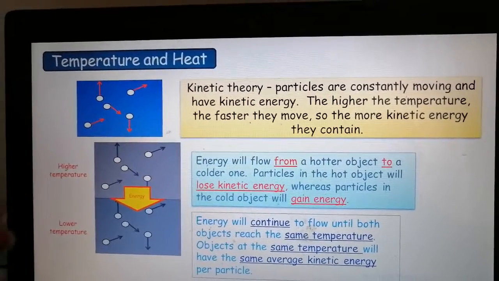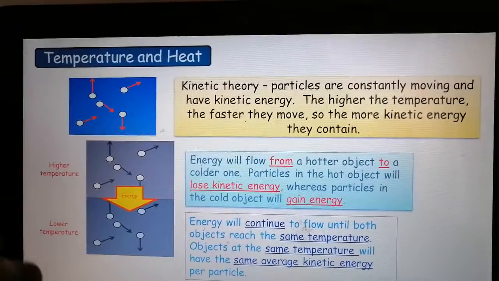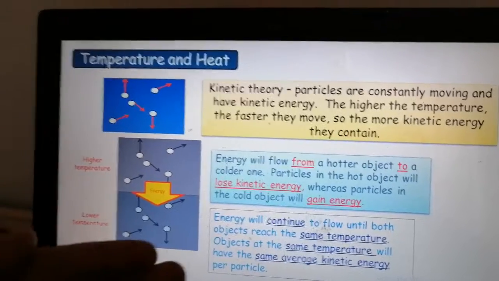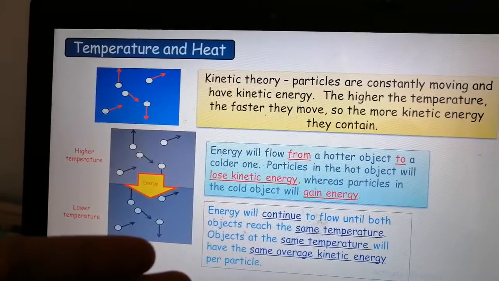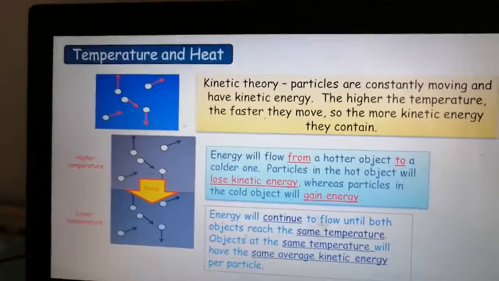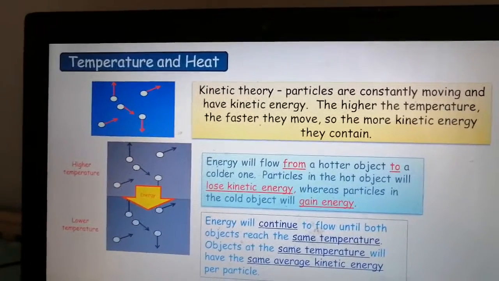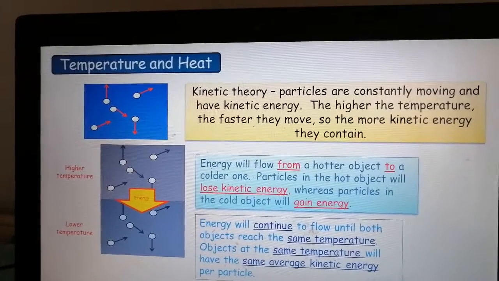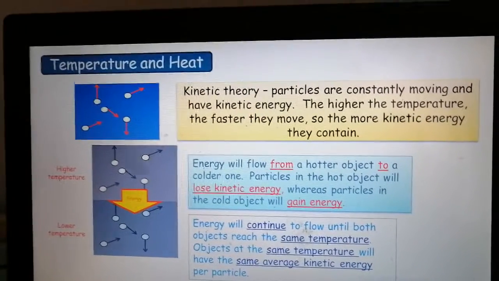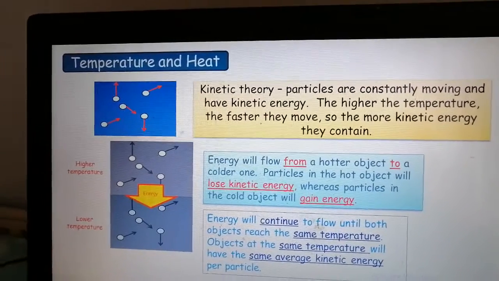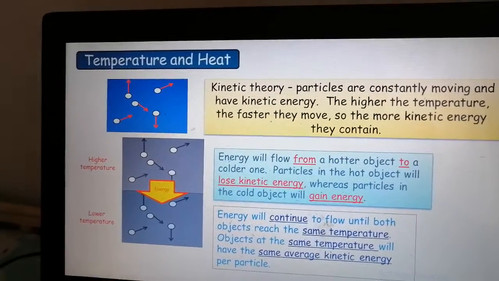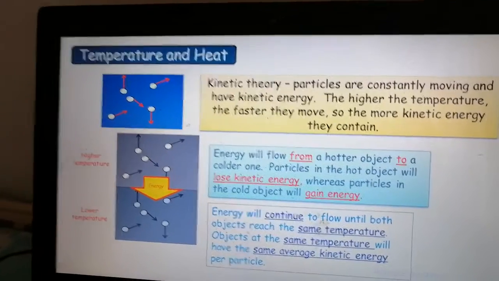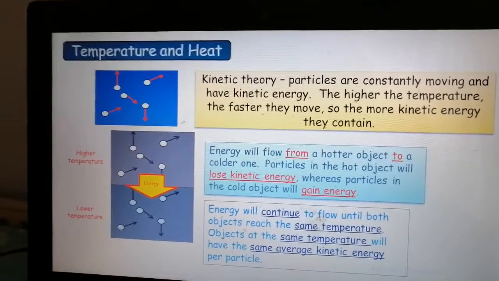As an analogy, for example, I have hot water in a cup, and then I bring the cup into a cold room. After a few minutes you will notice that the water becomes cold, meaning it's not hot anymore, right? Why does that happen? That happens because the energy from the hot water is transferred to the surroundings, which is the cold room.